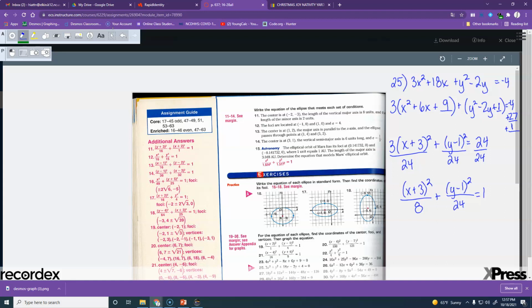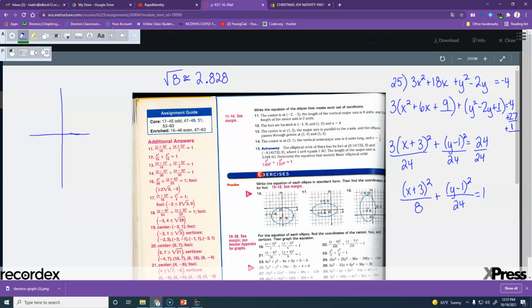And so we are going to graph this, and I don't have a very good graph here. You're going to have to estimate on this one because you've got square root of 8, which is going to be like 2 point something, 2.828.